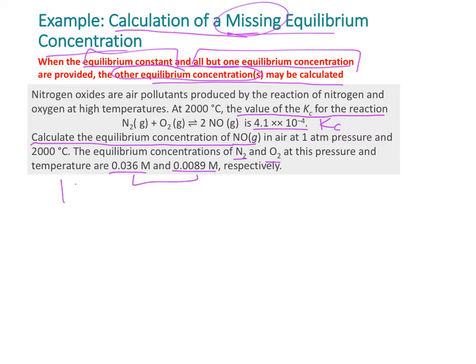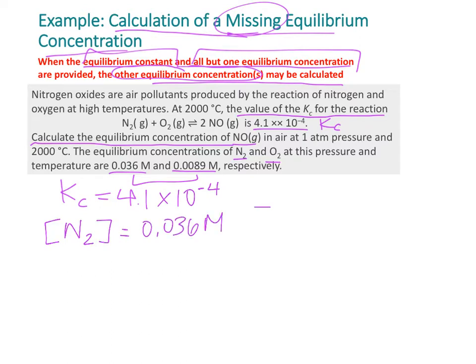We have the Kc that equals 4.1 times 10 to the negative fourth, no unit. We also have the concentrations of N2 and O2 at equilibrium.